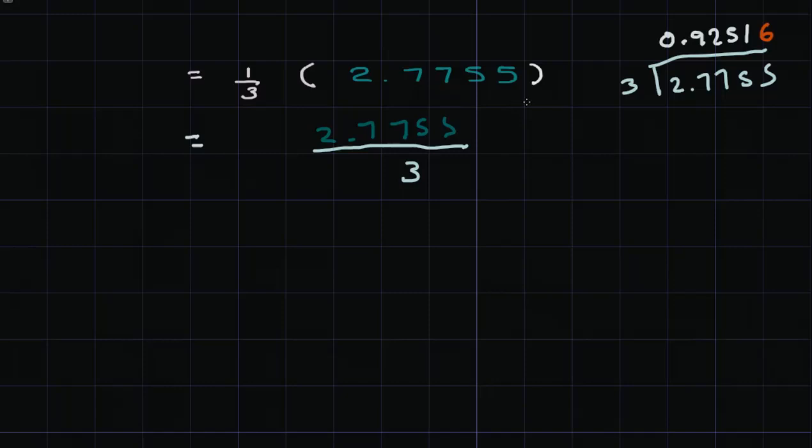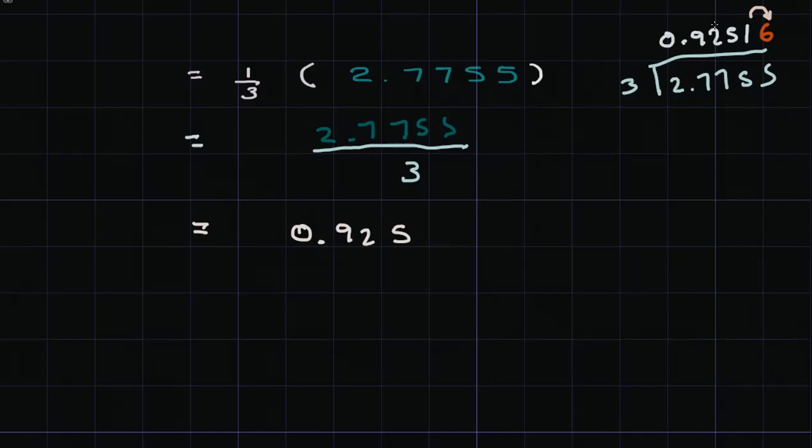All right, when you do the long division, how many decimal places should you find out? You've got to work to 5 decimal places, and when you're writing the answer, write it correct to 4 decimal places. So 0.925, before you write 1, see what's next to it. That is 6.